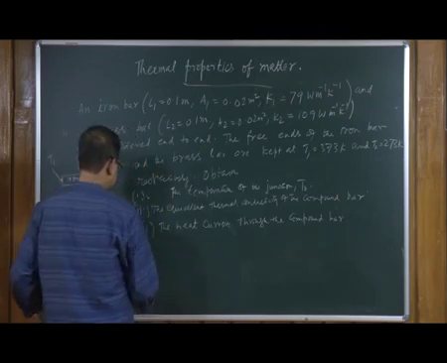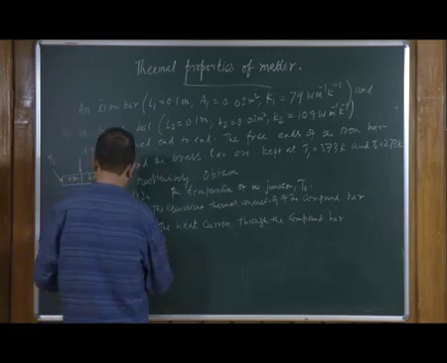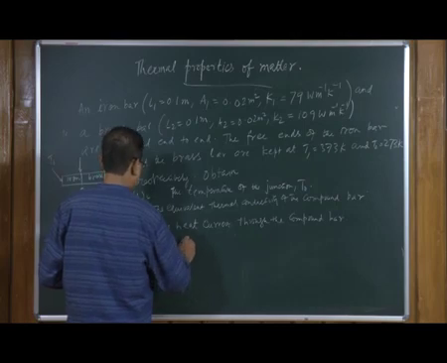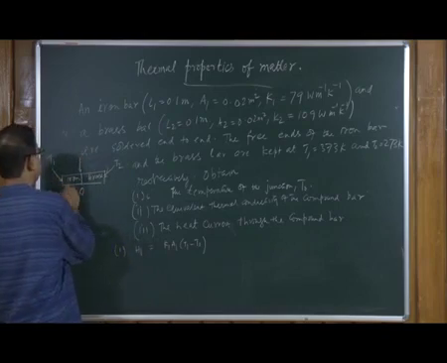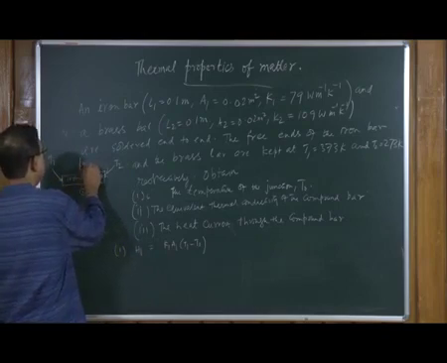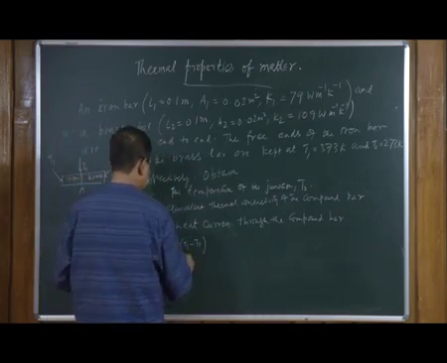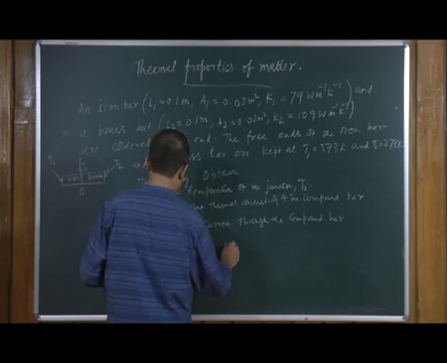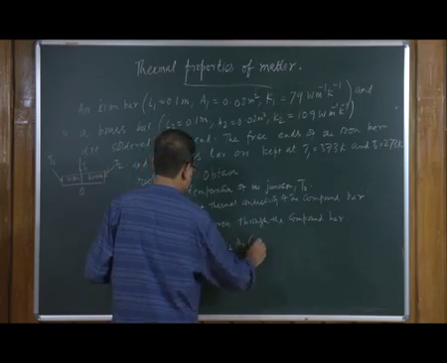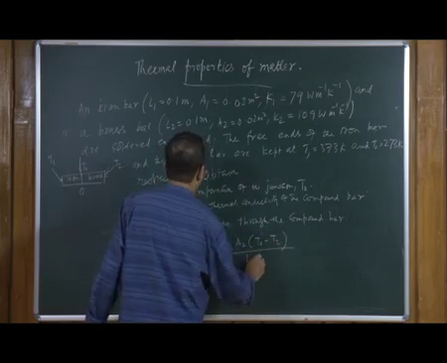So, this is given by H1, which is equal to K1 A1 (T1 minus T0), that is the temperature difference, divided by L1. This is at T1 and this junction is at T0. This is equal to K2 A2 (T0 minus T2) divided by L2.